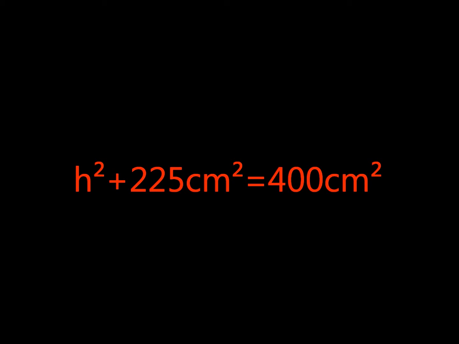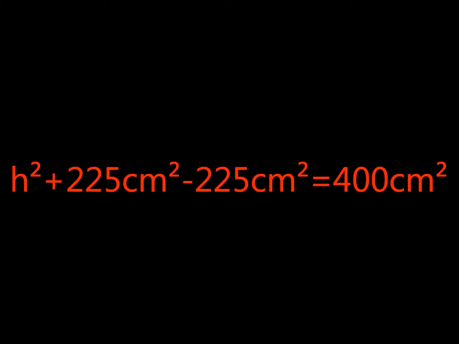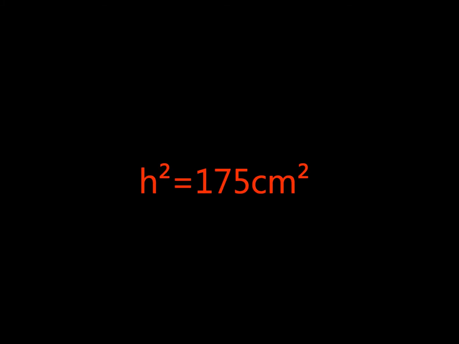Because we want to isolate the term h, we'll subtract 225 centimeters squared from the side that it has appeared on. Of course, we must subtract that from the other side as well. So now that leaves us with h squared is equal to 175 centimeters squared.